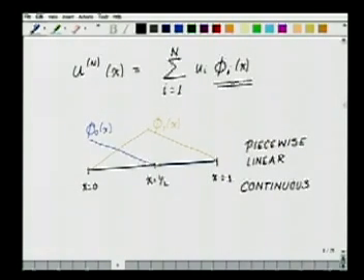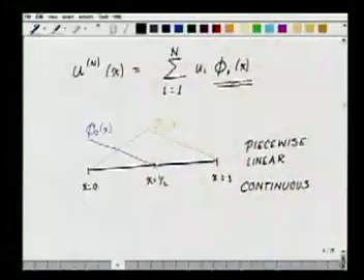And if you look at these points, these functions have a very special property. That is, phi 0 at the point x equal to 0 is equal to 1. Phi 1 at the point x equal to half is equal to 1. Phi 2 at the point x equal to 1 is equal to 1. And if you look at these pictures, these functions at all other points go to 0.